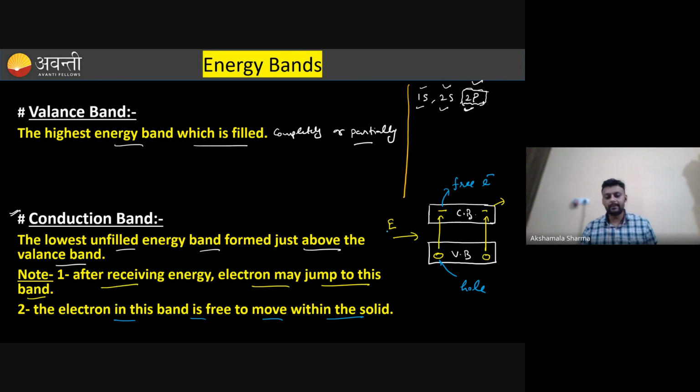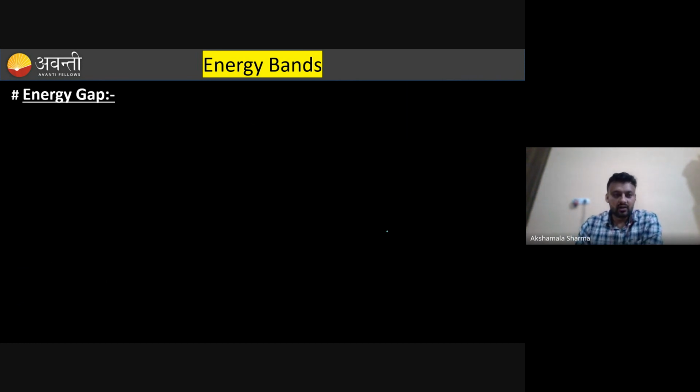Now, moving further. There is one more interesting definition coming our way, that is the energy gap. Sir, what is the energy gap? You can see we have drawn the valence band something like that, and the conduction band something like that.